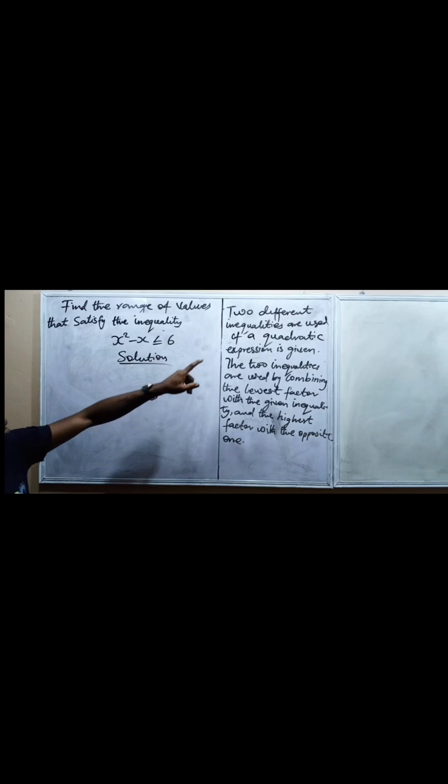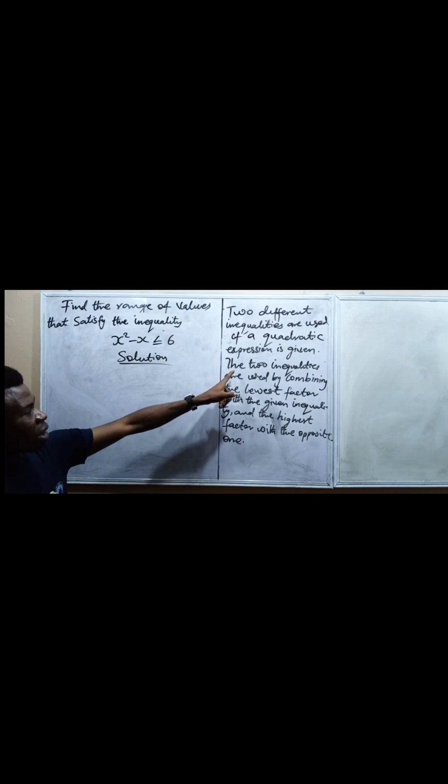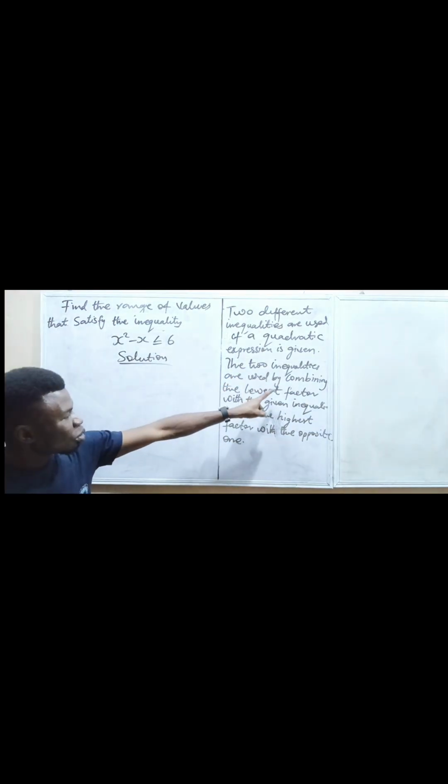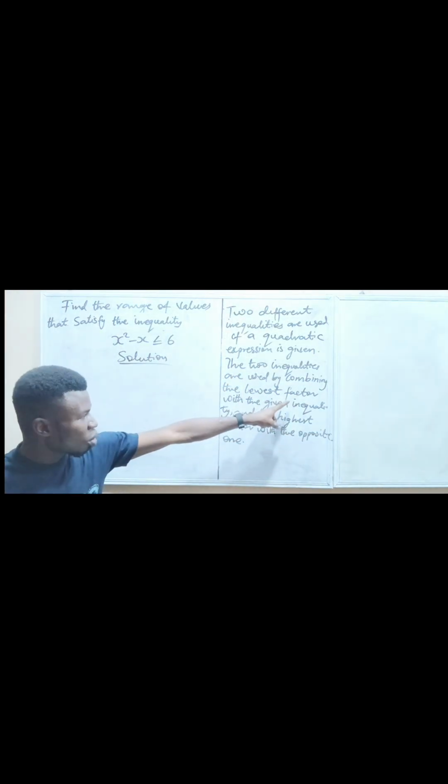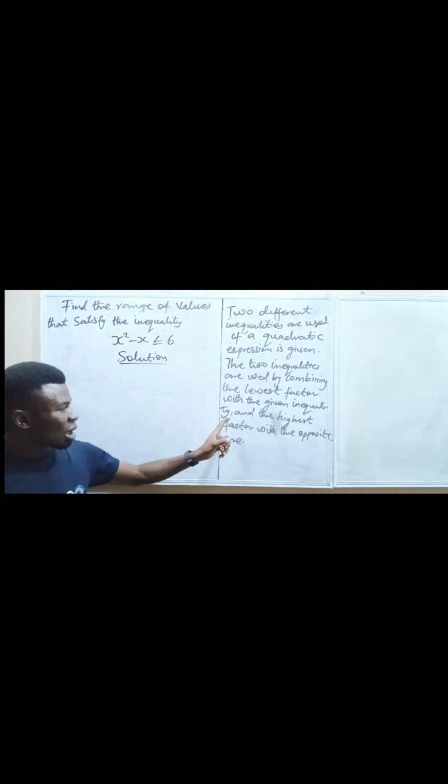Now the property says that two different inequalities are used. If a quadratic expression is given like this one, the two inequalities are used by combining the lowest factor with the given inequality and the highest factor with the opposite inequality.